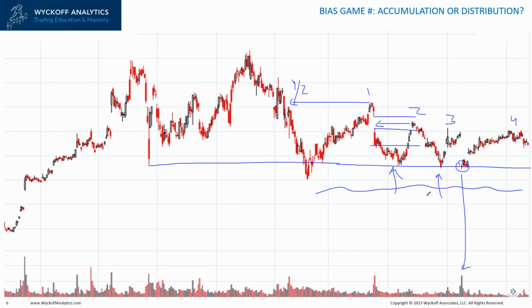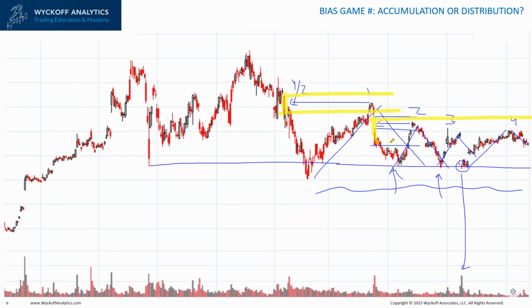You can see that the down moves are progressively getting smaller, and the up moves tend to have more strength, with less demand and supply both. So there's an ease as the price is moving up from there.